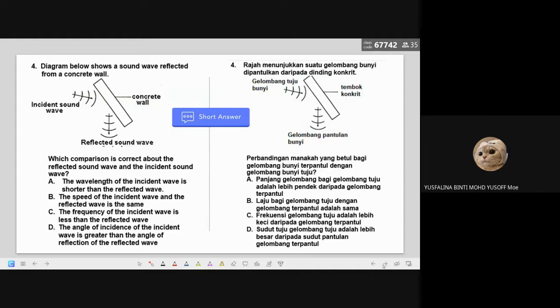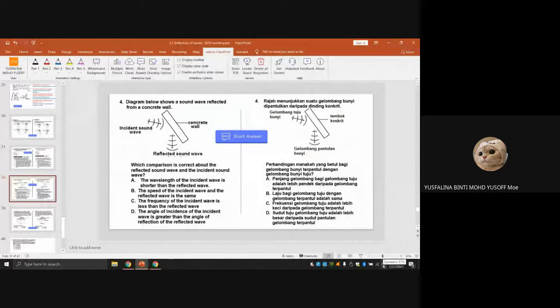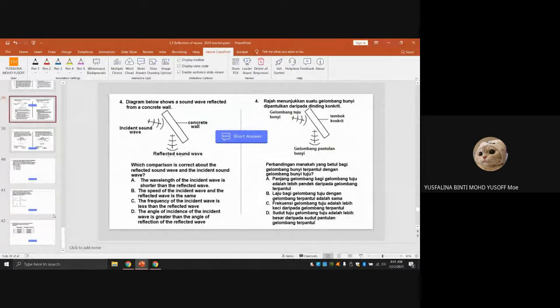Teacher, I think we have also already finished discussing reflection, is it? Oh, okay, good. We can enter the new topic today. All right, so we move on to refraction of wave.